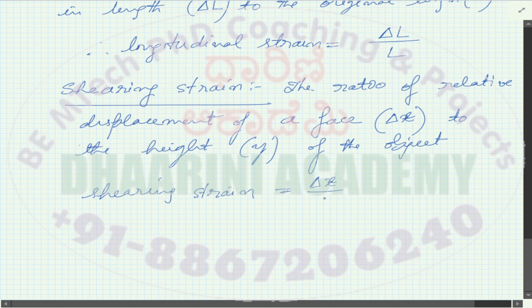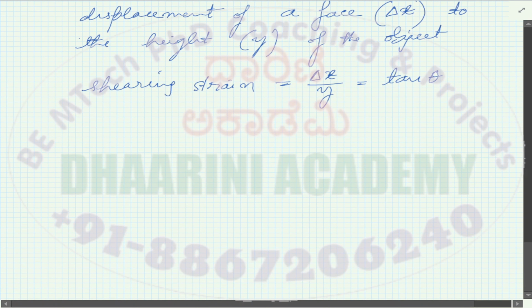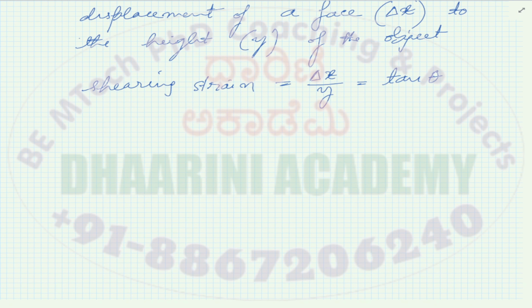Opposite is delta x, the change is only delta x, and height of this object is still y. So I can actually write this is equal to tan theta. But if theta is very small, tan theta is theta only. So some of the books may say that theta is equal to delta x by y. That's also true for smaller angles.